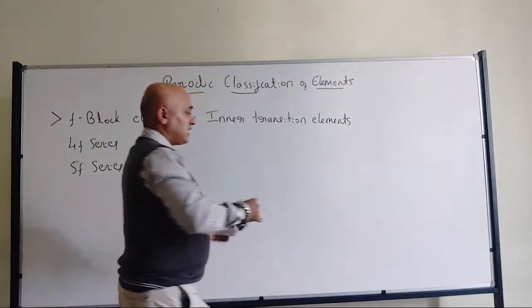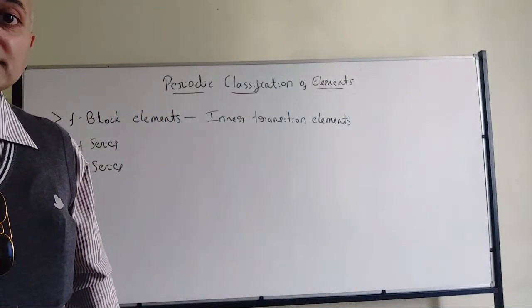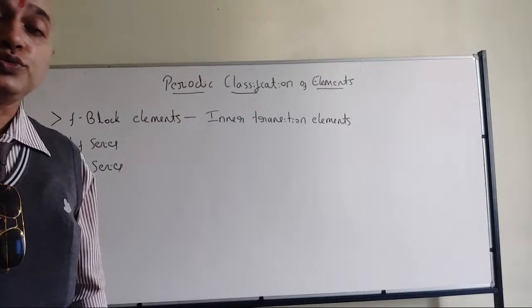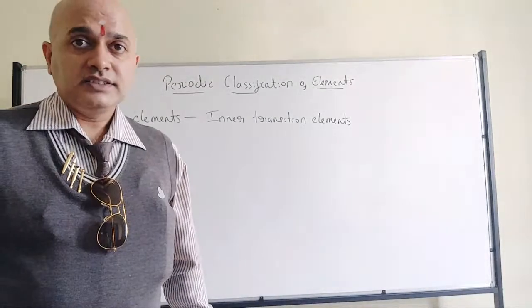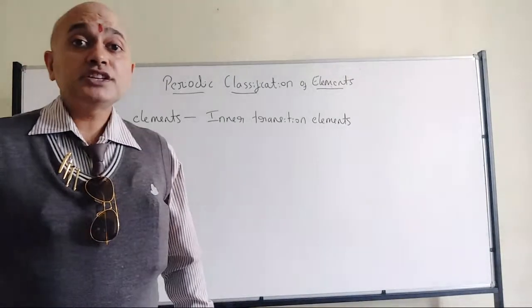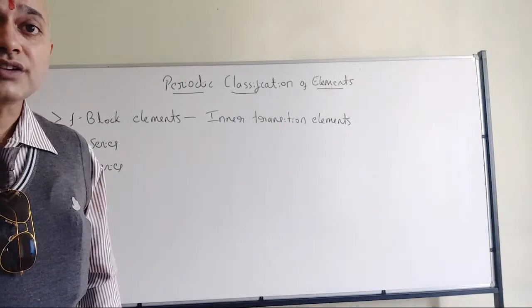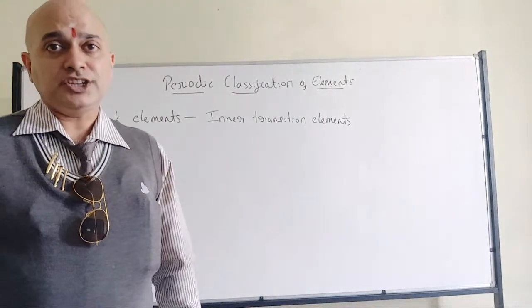F block elements are also called inner transition elements because, in the general electronic configuration, the F subshell which belongs to n-2 is getting filled up. Therefore, it is called inner transition.